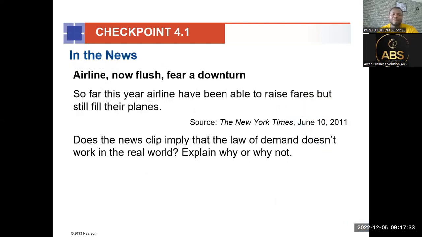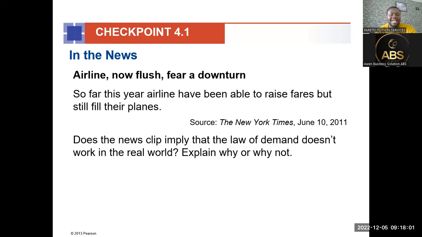Now let's look at the practical one. So far this year, airlines have been able to raise fares, but still fill their planes. So does the news imply that the law of demand doesn't work in the real world? Now we know that if there's an increase in the price of a good, then the quantity demanded of the good is supposed to fall, right?